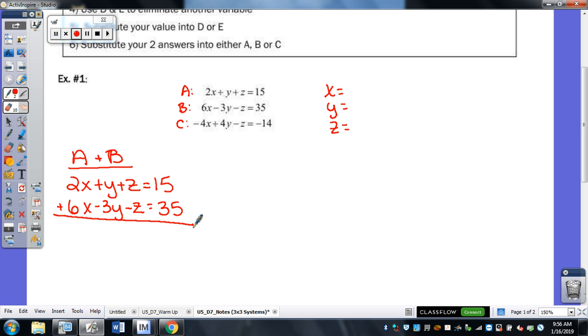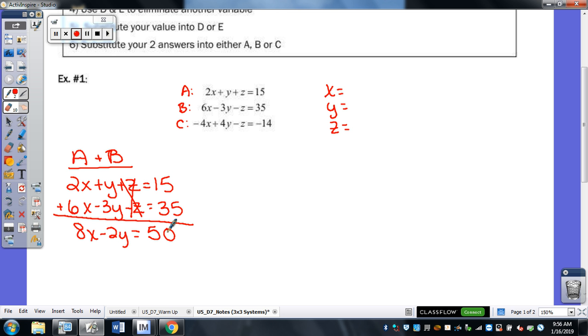So 2x plus 6x gives us 8x. 1y plus a negative 3y gives us negative 2y. 1z plus a negative 1z, that's going to cancel out just like we want it to. And then 15 plus 35 gives us 50.